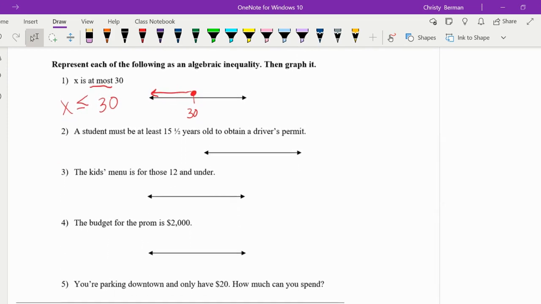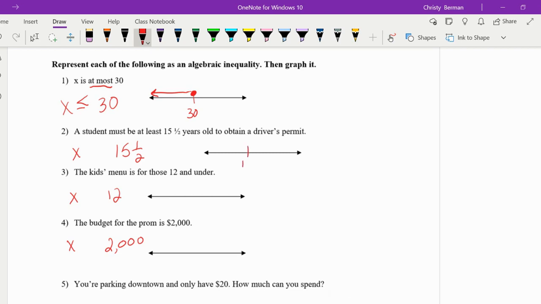Okay, so as you read them, you know a student is going to be x and 15 and a half is going to be your number. And so you can think that through for each of these and go ahead and put those numbers and the variable down and then come back and think about what symbol you want to put in between them.